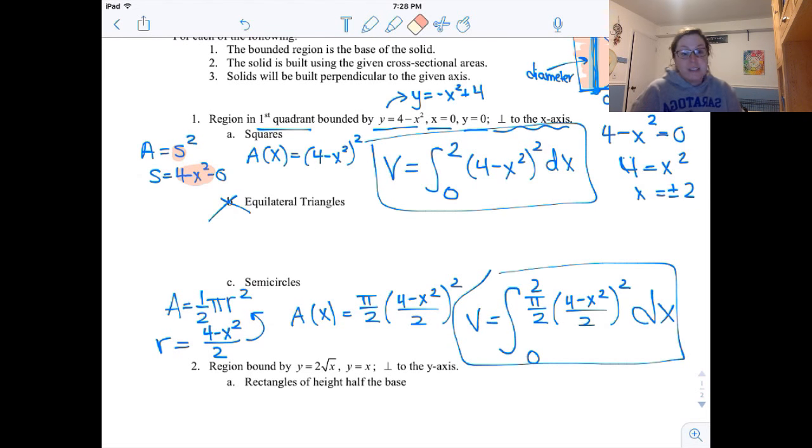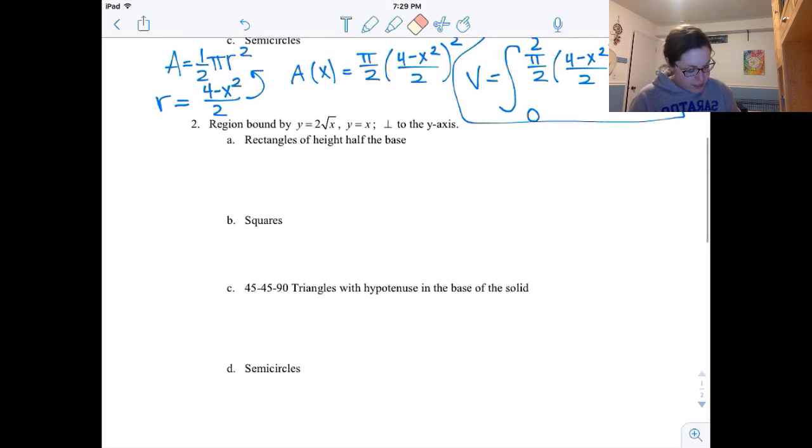Equilateral is one I've never seen on an AP exam. It would be more difficult because you'd need to figure out the altitude, or you'd need to know this formula. I wouldn't bet a lot of money that you would see that on your quiz, test, or the AP exam, but again, anything could happen. Continue to send questions.